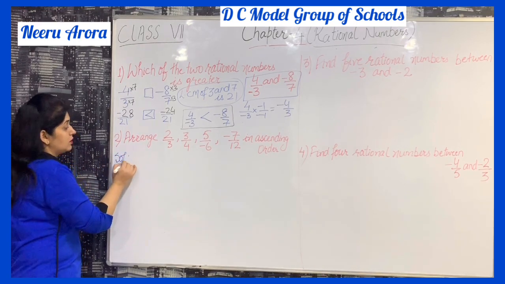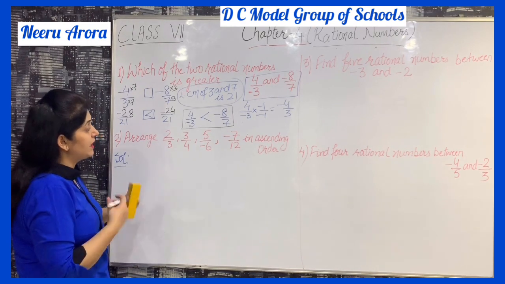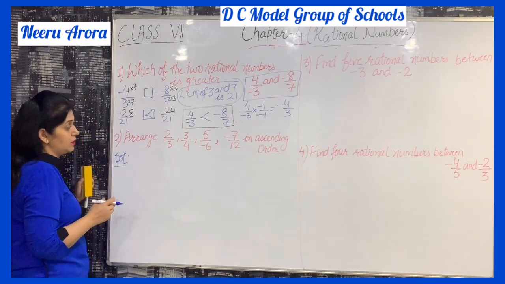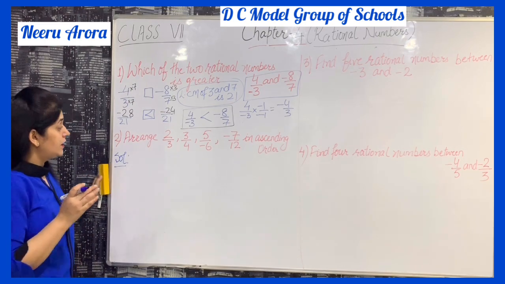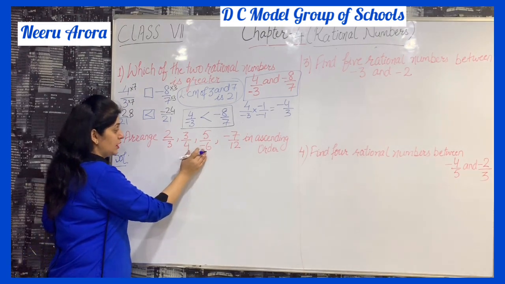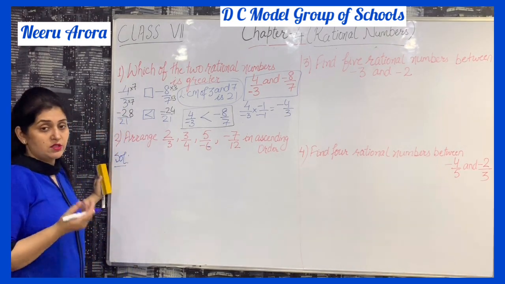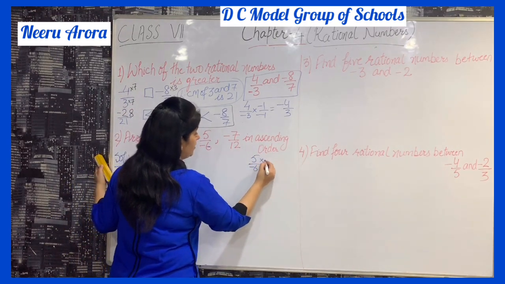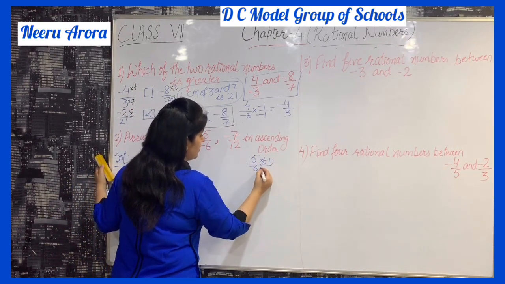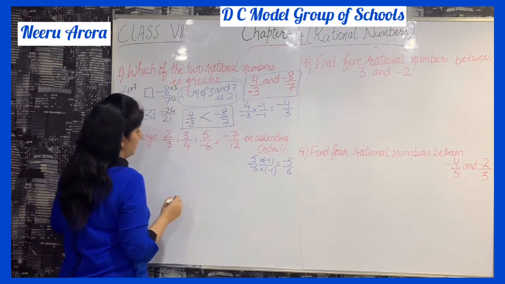Now look at the second sum. Arrange 2/3, 3/4, 5/-6, -7/12 in ascending order. Again, the first most important step is to convert the negative denominator to a positive denominator. So how can we convert? Again, multiply the numerator and denominator by -1.